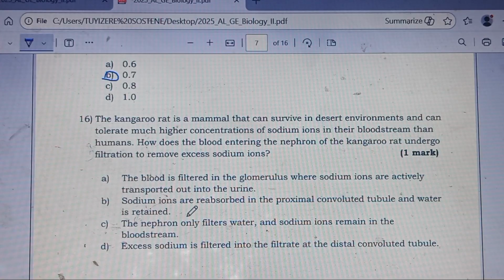B. Sodium ions are reabsorbed in the proximal convoluted tubule and water is retained. C. The nephron only filters the water and the sodium ions remain in the bloodstream. D. Excess sodium is filtered into the filtrate at the distal convoluted tubule. The correct answer is A. The blood is filtered in the glomerulus, where sodium ions are actively transported out into the urine.